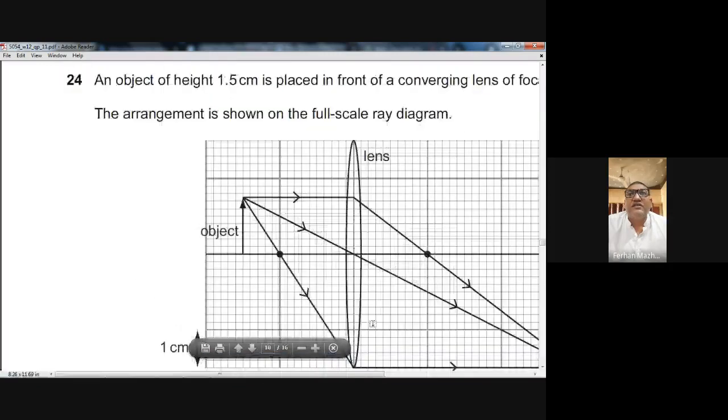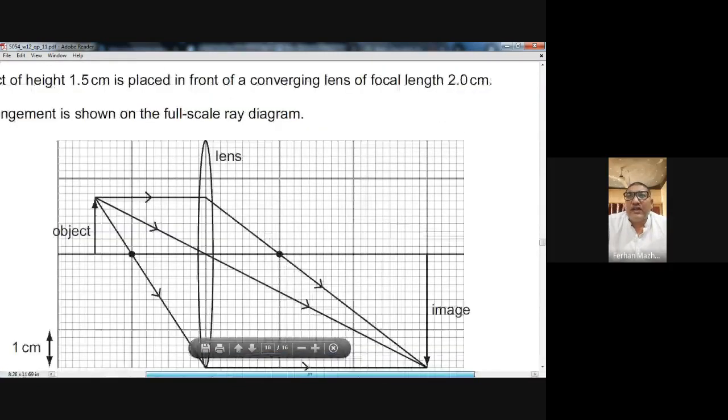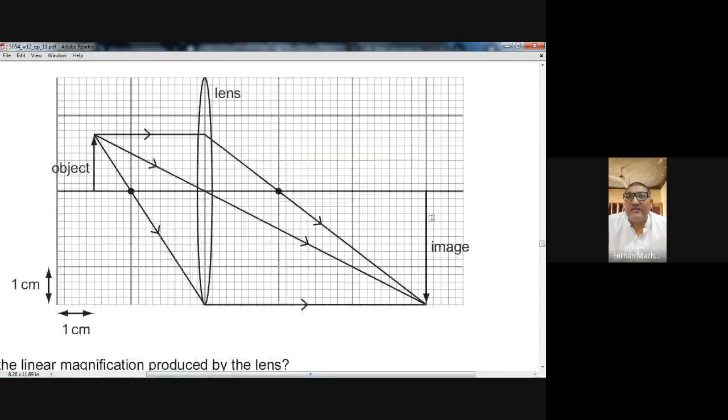We can count it. I can count 1, 2, 3, 4, 5, 6, 7, 8, 9, 10, 11, 12, 13, 14, 15. So there are 15 small squares, and for the object I can count 1, 2, 3, 4, 5, 6, 7, 7.5.